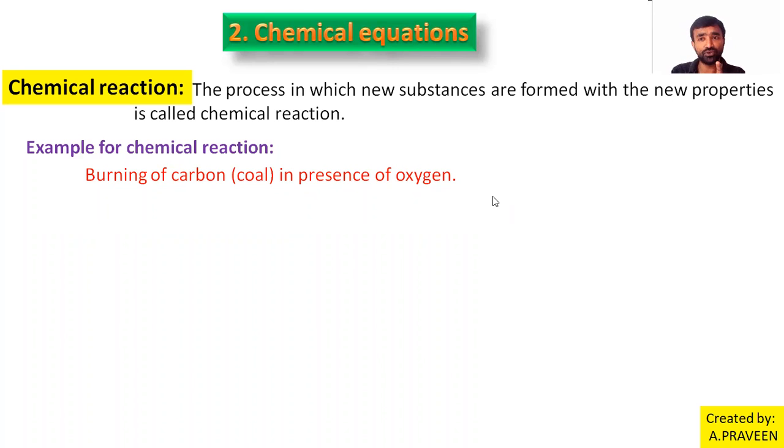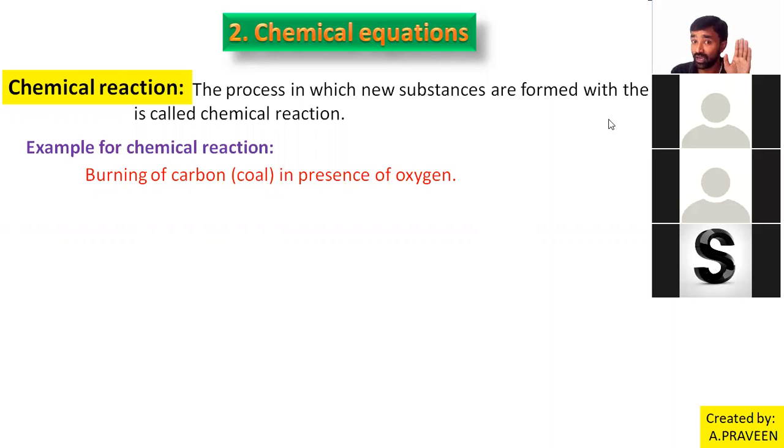No, it gives you ash. While it is burning, it gives you heat energy and also releases some gases. So that's why this is considered to be a chemical reaction. Are you clear why I am calling this a chemical reaction?